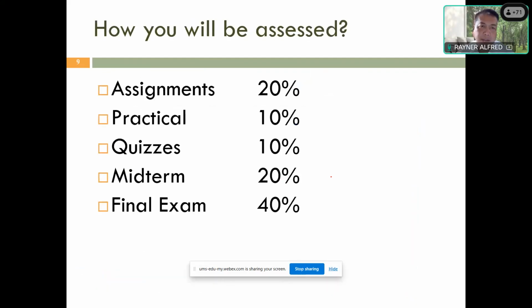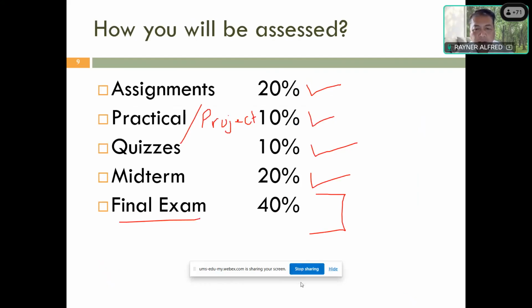And for your assessment, as usual, your assignment is 20%. This practical is actually a project. Okay, so you will have to do your own project. Quizzes 10%, midterm 20%. So this is a big percentage here, 40%.